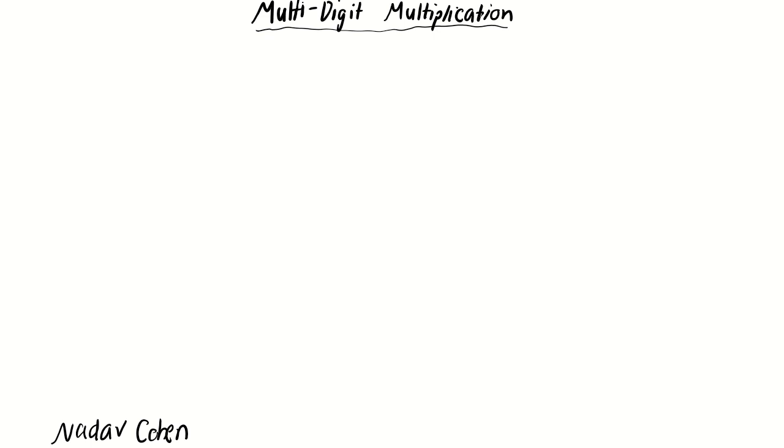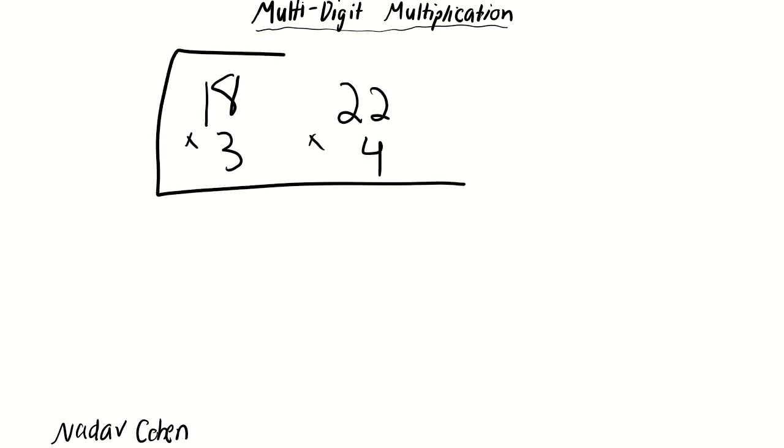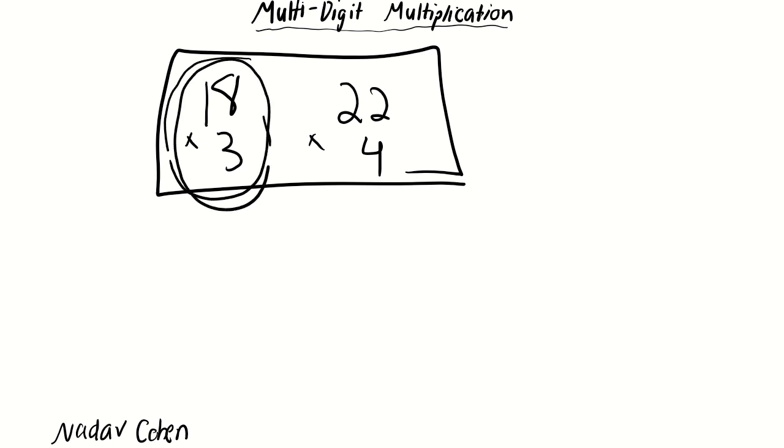So, multi-digit multiplication, what does that mean? Well, we have done multiplication where it was 18 times 3, 22 times, let's say, 4. What do these two have in common? This one was with the regrouping, this one without. But what do these have in common?